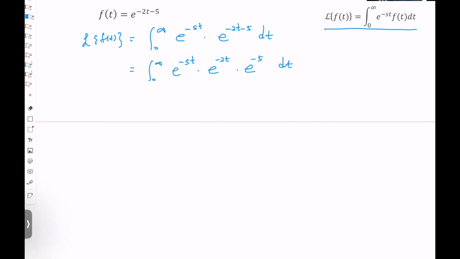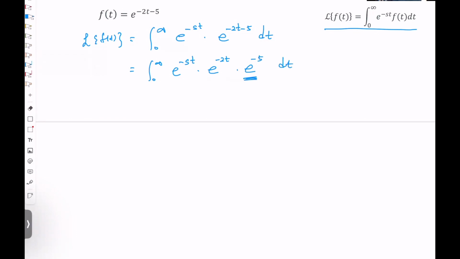So when you plug this in, Laplace transform of f of t is now the integral from 0 to infinity of e to the negative st times e to the negative 2t minus 5 dt. And we can separate that: e to the negative st times e to the negative 2t times e to the negative 5 dt.